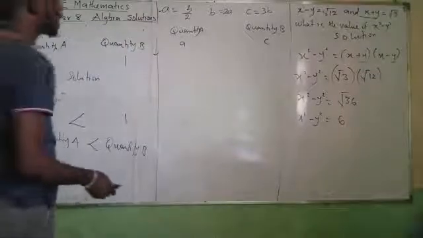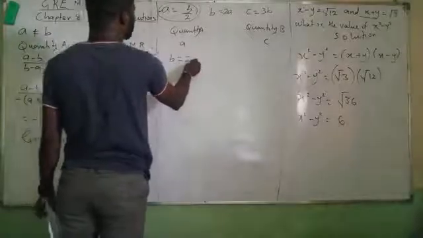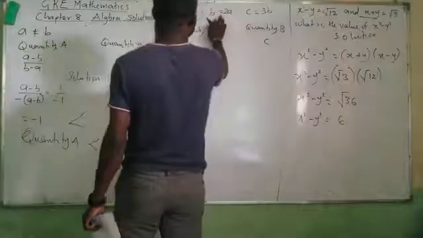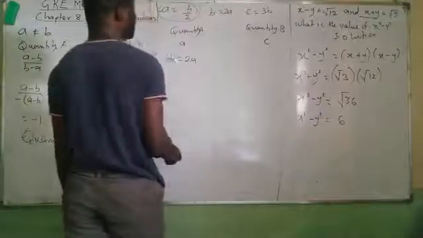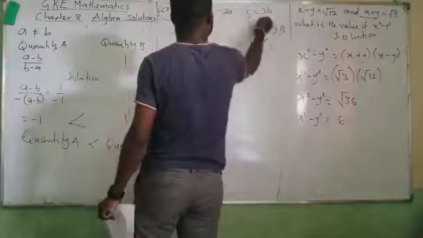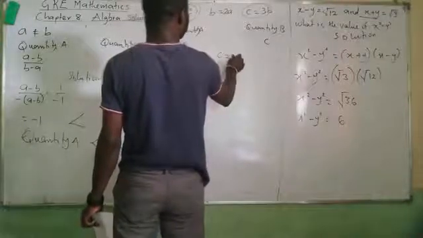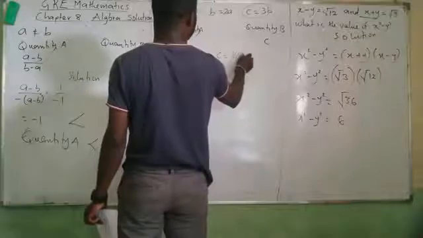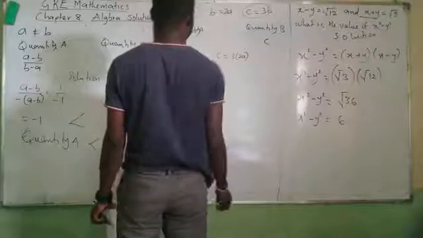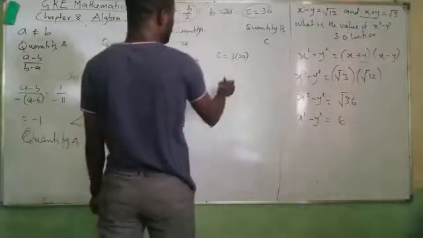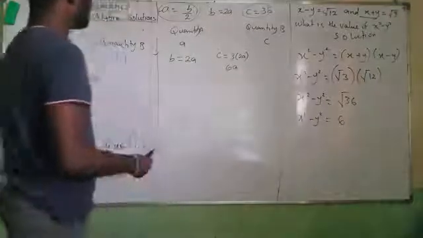Do you know that I can turn my B from here? I can say that B equals 2A, very correct. And for C, C equals 3 times 2A, which is 6A. Now, back to the relation.